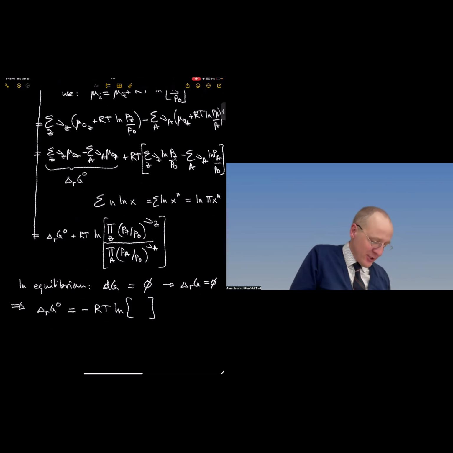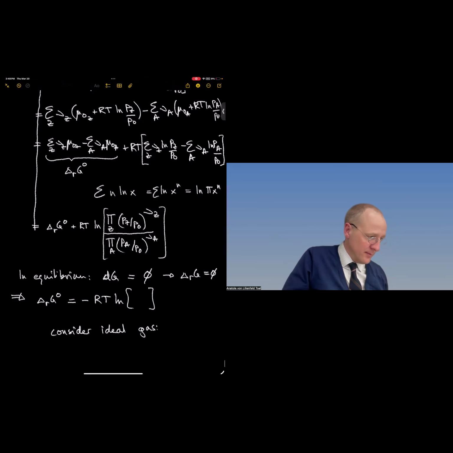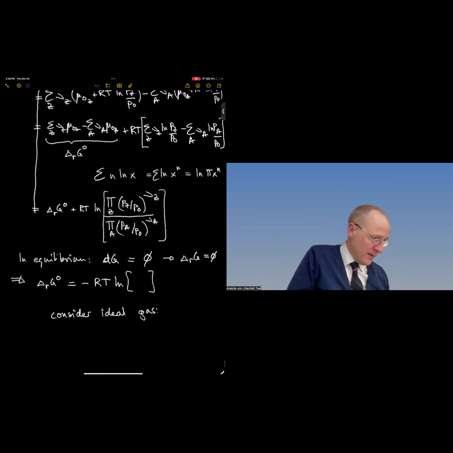Yeah. And with one more step, we can change this to concentrations if you consider the ideal gas. P equals N over V times RT. N over V is a concentration, right? So concentration times RT.